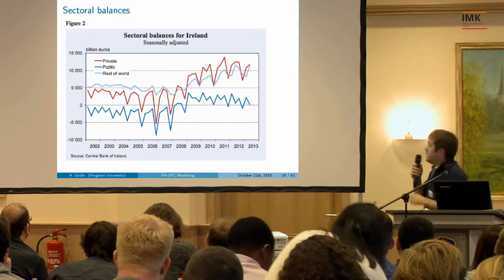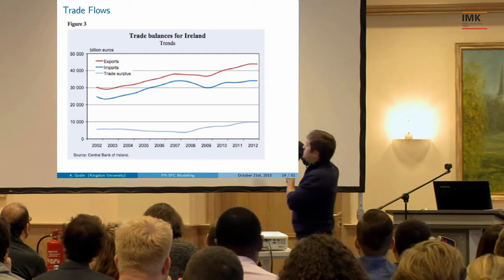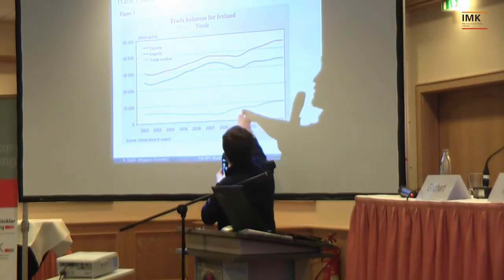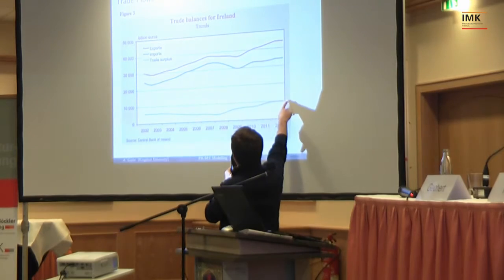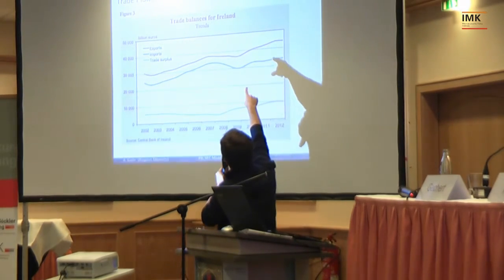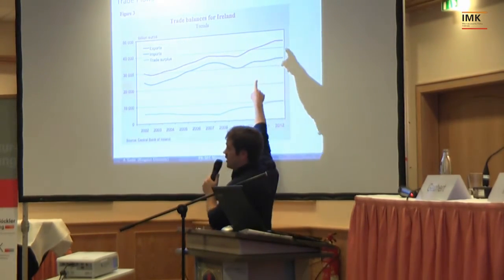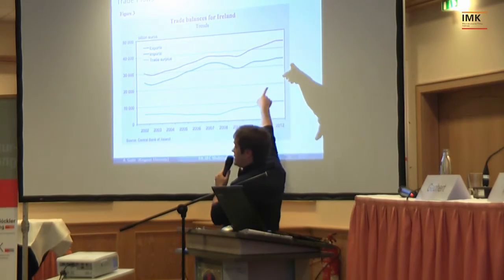What is going on then is that you look at the trade balance, so the trade surplus is here, and it's improving dramatically during the crisis, because exports have been increasing quite a lot, while imports have been stable. So what did austerity do? Austerity basically tamed down imports, and Ireland went out of the crisis because the UK and the US went out of the crisis, not because austerity has made them more competitive.